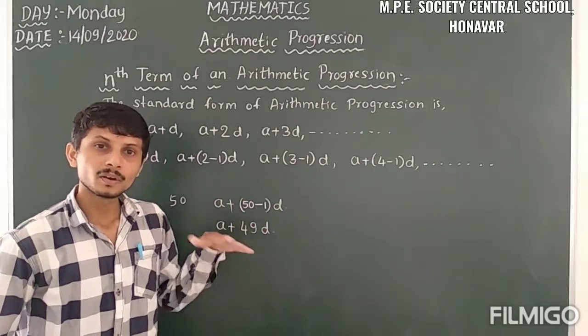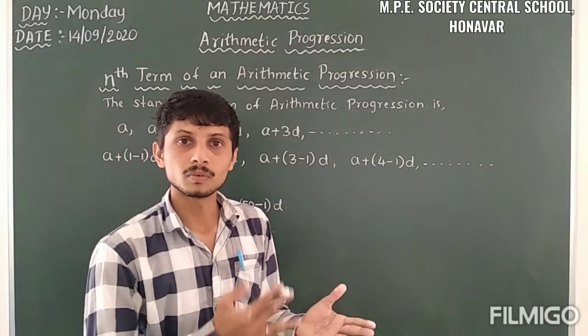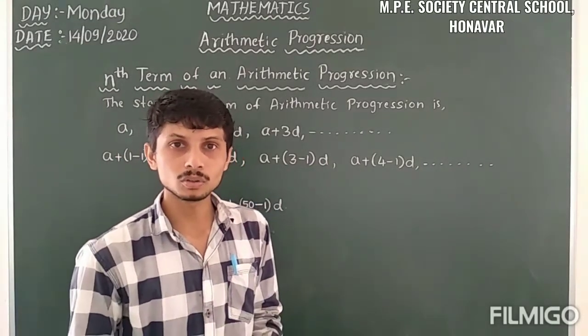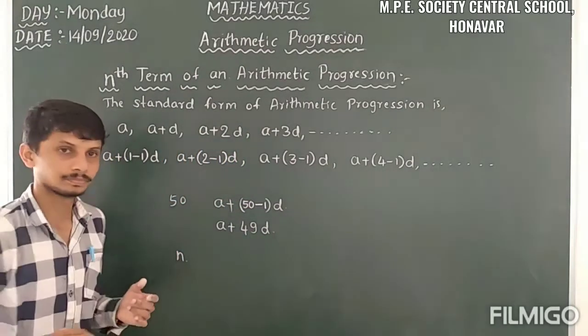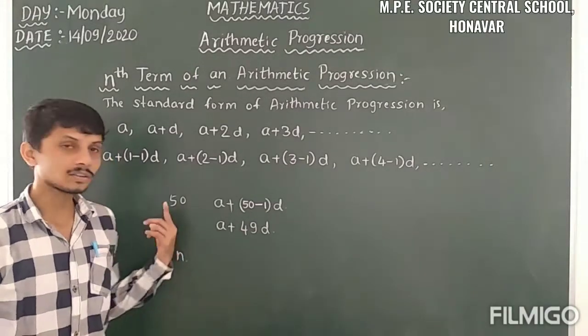Sometimes we don't know the number, but we want some term. We don't know which, so at that time we have to take it as the nth term. So that's why we take it like that.